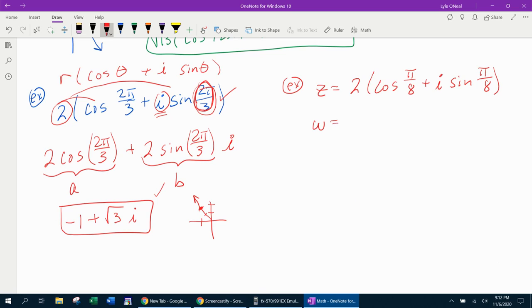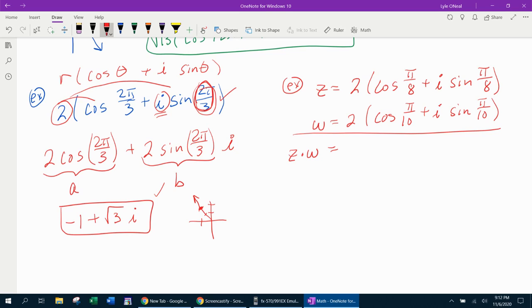And then guess what? They're going to give me another complex number in polar form. That's going to be 2 cosine pi over 10 plus I sine pi over 10. And here what they want me to find is the product. It says find the product of the complex numbers.